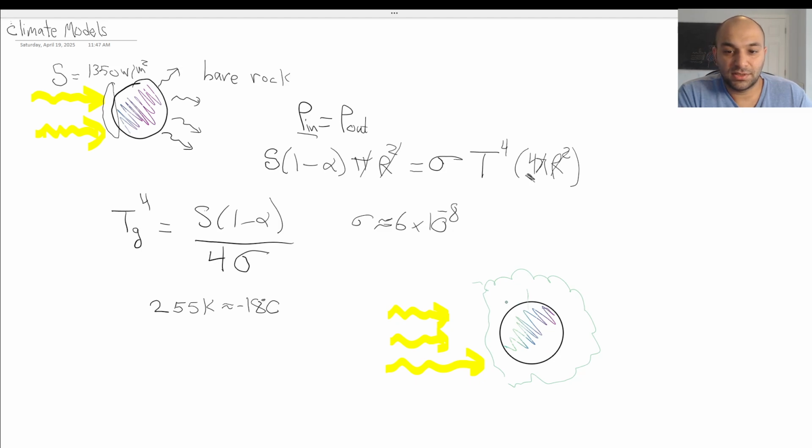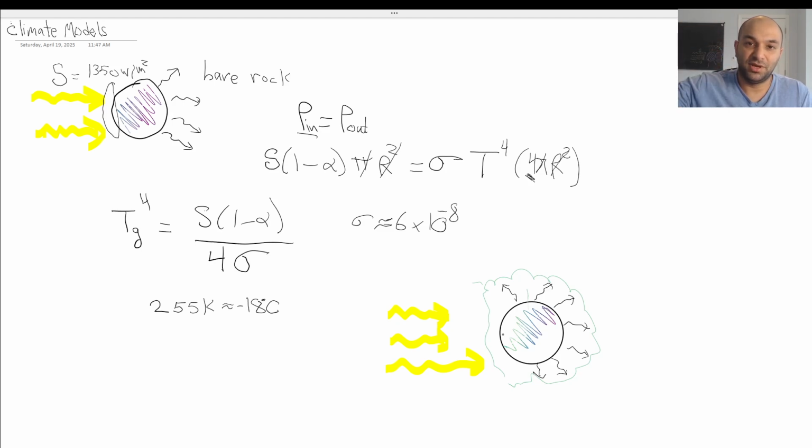And then Earth will still emit this radiation here. So Earth is still going to emit some radiation at the temperature of the ground, and it's still absorbing this factor from the sun. But now this atmospheric layer is absorbing the radiation that the Earth is emitting.